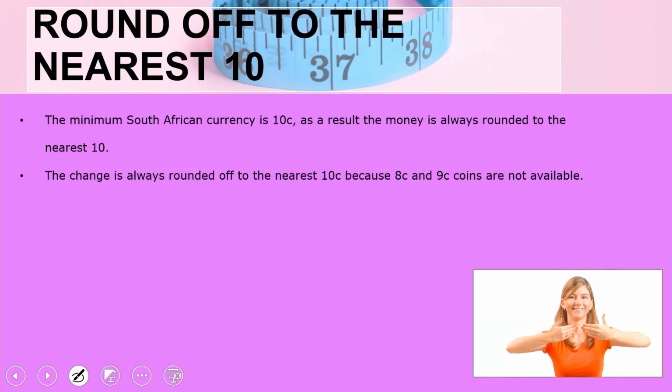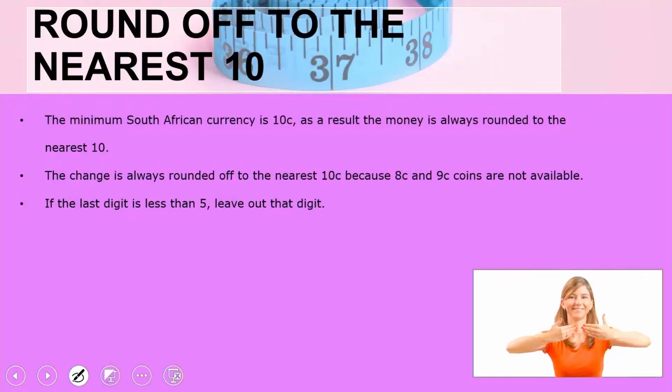We are still using the very same principle: if it is less than 5, we round down. If it is more than 4, then it is rounded up. But always rounded to the nearest 10 because the minimum South African currency that is used now is 10 cents.